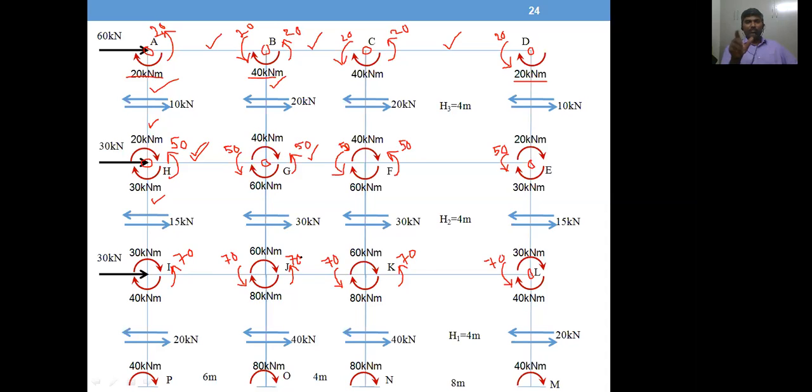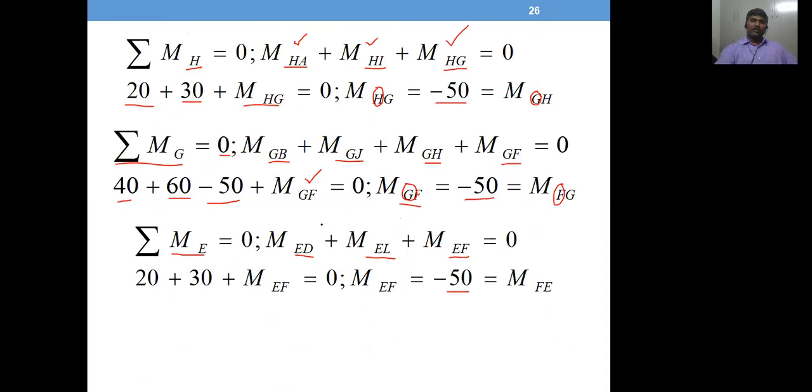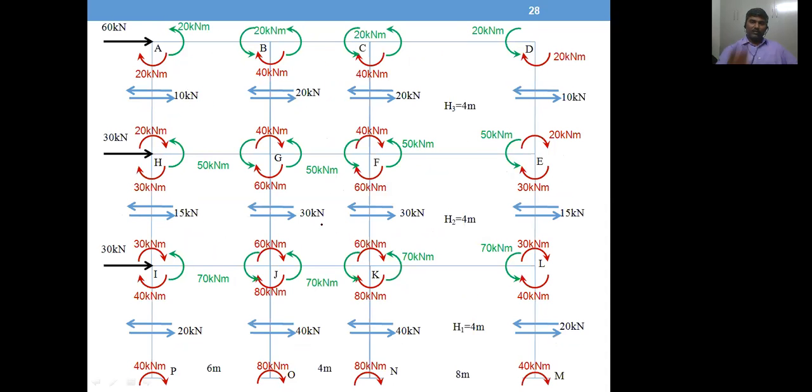So all column end moments are clockwise, all beam end moments are anti-clockwise. So they are just uniform in nature. So the top story beam has less bending moment. When you go down, beam bending moment is increased. That is drawn in this diagram.